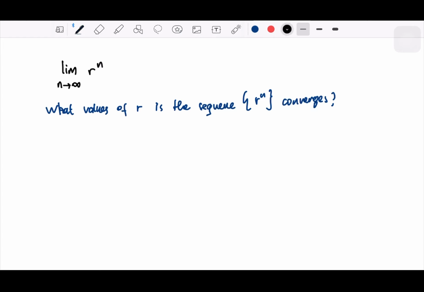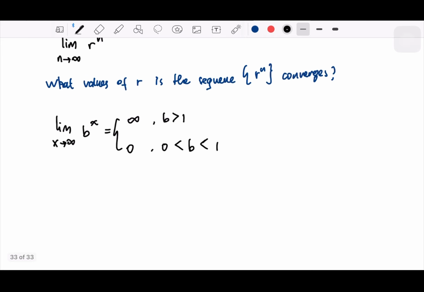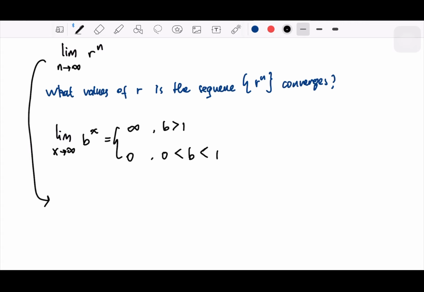Okay, now we can think of this as the limit in chapter 2, I think, as x approaches infinity of some exponential function b to the power of x. This will be infinite for b positive or greater than 1, and it will be 0 for 0 less than b less than 1. Now the same thing happens in our sequence.